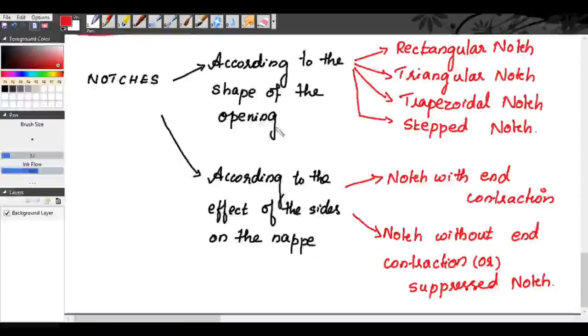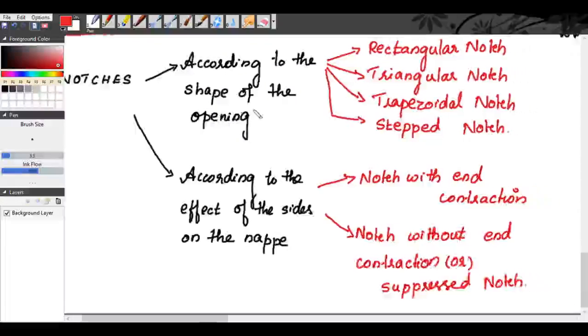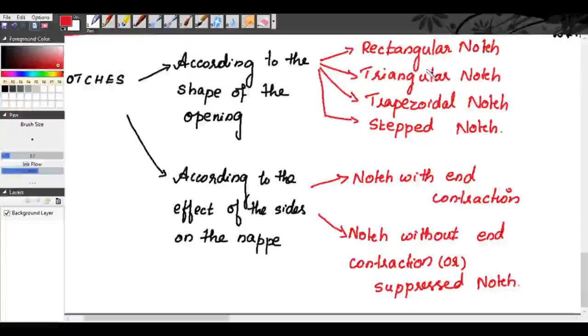Based on the shape of the opening, the notches are classified as rectangular notch, triangular notch, trapezoidal notch and stepped notch. Depending upon the effect of the sides of the nappe, notches are classified as notches with end contraction and notches without end contraction, or suppressed notch.